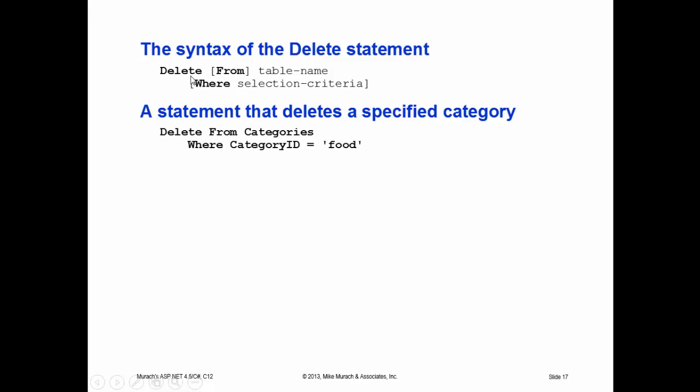Delete statement, again, delete, optional from, the name of the table, and then again, it's an optional where clause, but 99% of the time I've got a where clause. I don't ever, unless I'm clearing out a table. And actually, a quick side note, if you ever want to empty out a table, delete's not the best way to do it. You probably want to truncate.